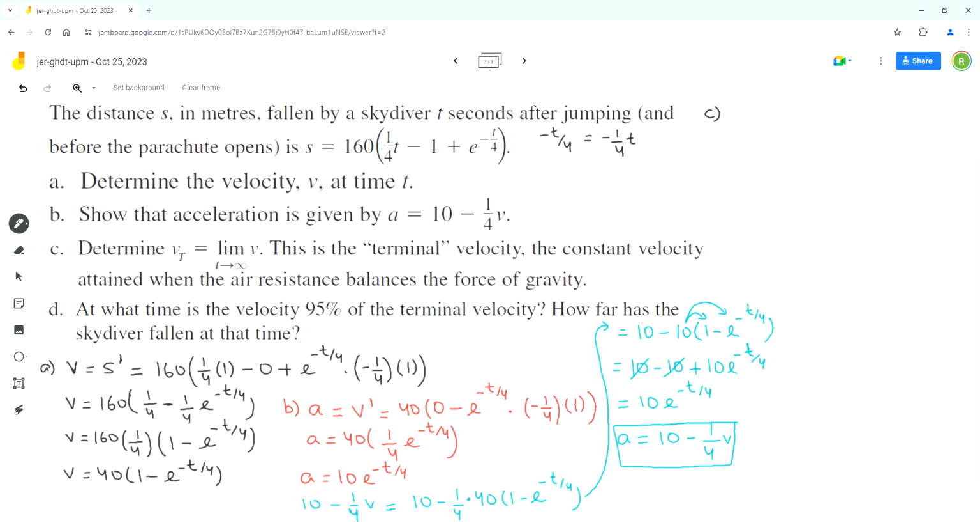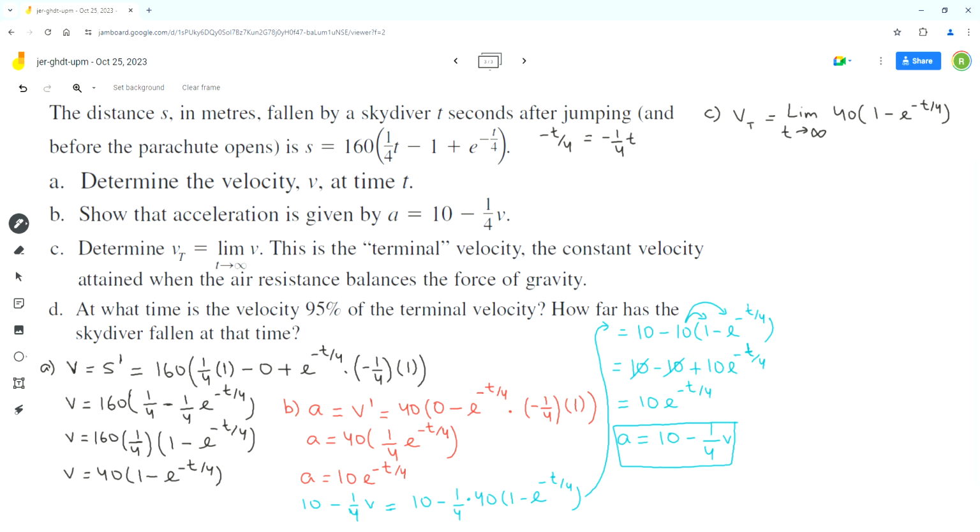So we have to calculate Vt, and for that we'll have to apply the limit as t approaches infinity to the v function. The v function we got is 40, and then parentheses 1 minus e to the power negative t over 4.